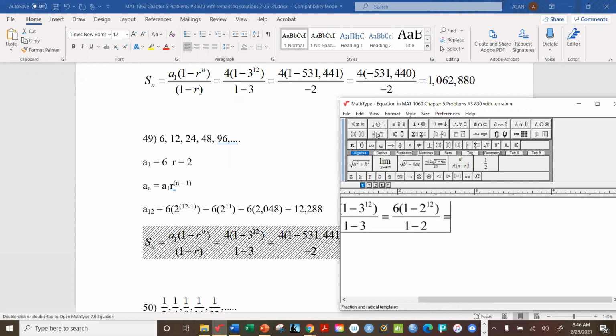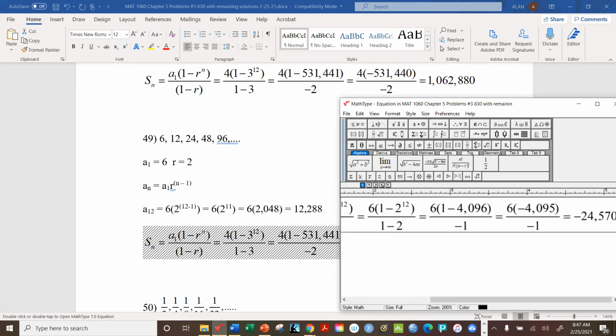Okay, so what do we have here? 6 times 1 minus 2 to the 12th is 4096. All right, so we've got 6 times negative 4095 over negative 1. And when you multiply that out, you get negative 24,570.